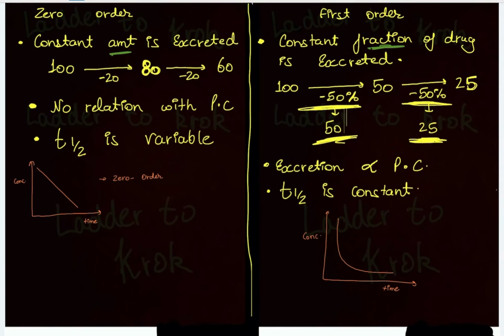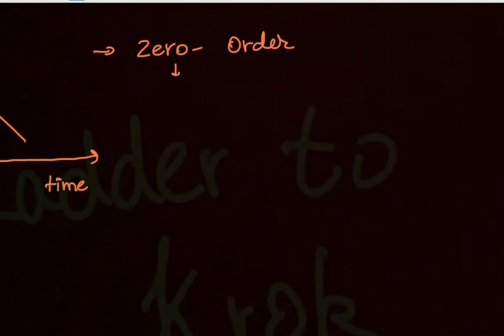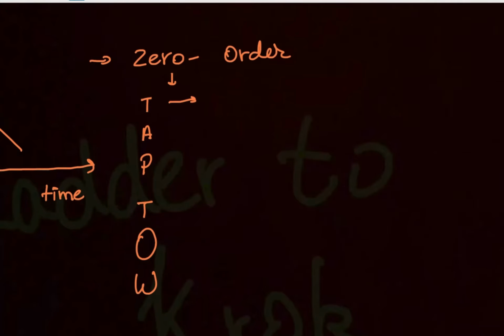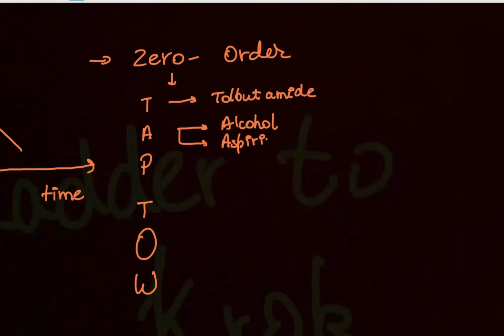Now there are some examples of drugs that follow zero order. There is one mnemonic to remember them: TAP TOW. T for tolbutamide, A for alcohol, and we can also say aspirin.